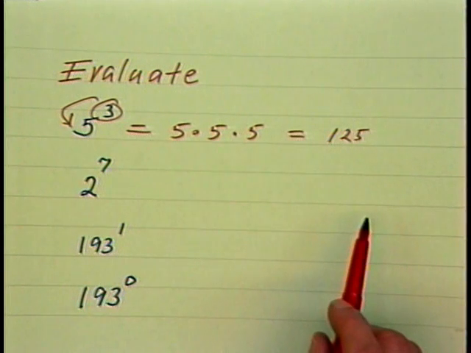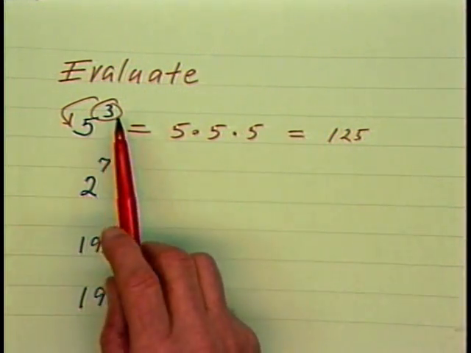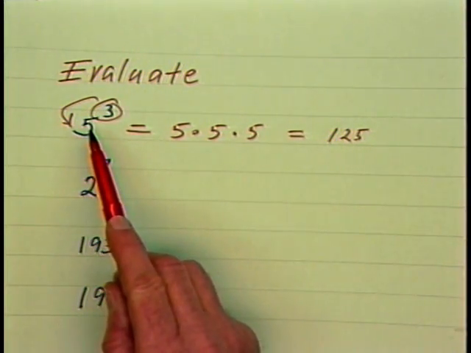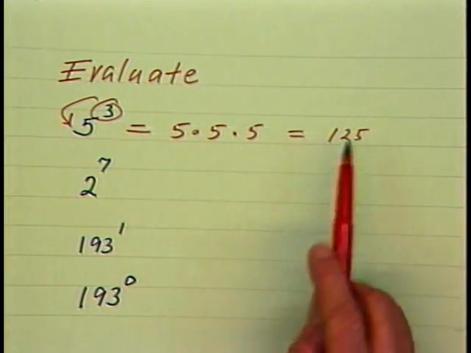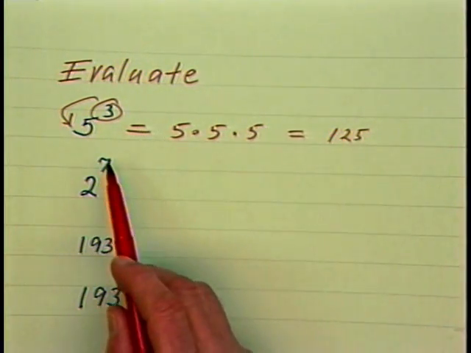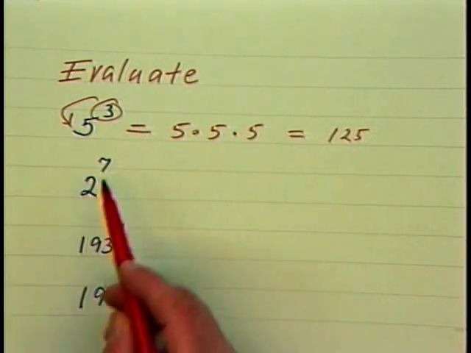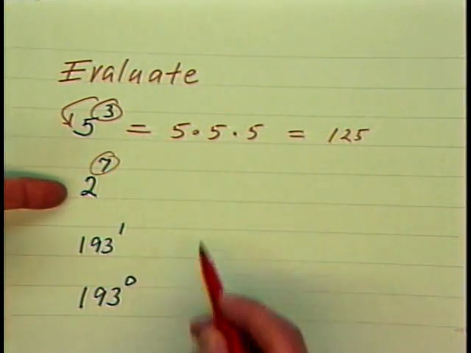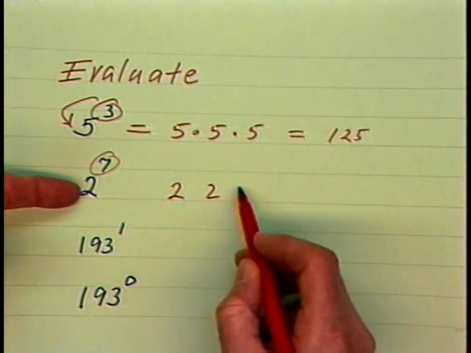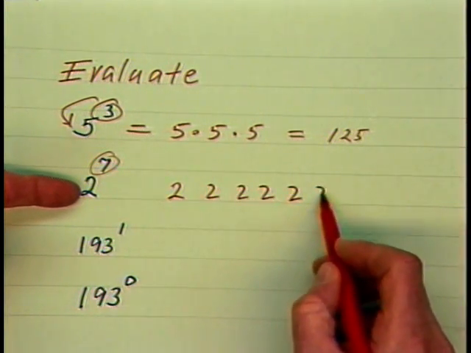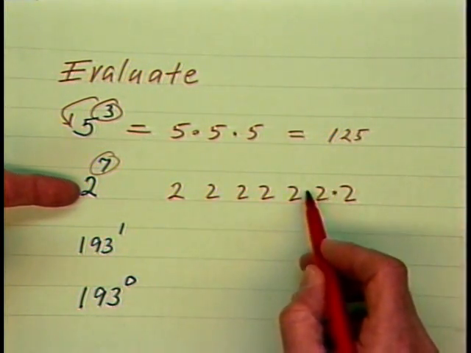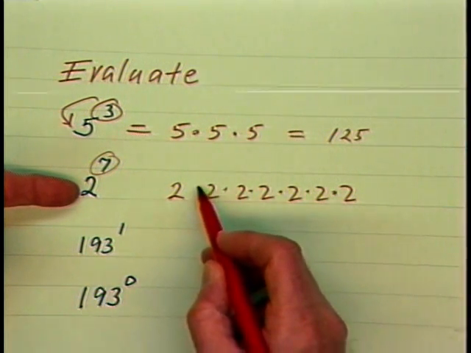Do not make the frequent mistake of thinking this means 3 times 5, which is 15. This is far, far more than that. So this reads 2 to the 7th power, which means take this many 2's, 1, 2, 3, 4, 5, 6, 7, and multiply them together.